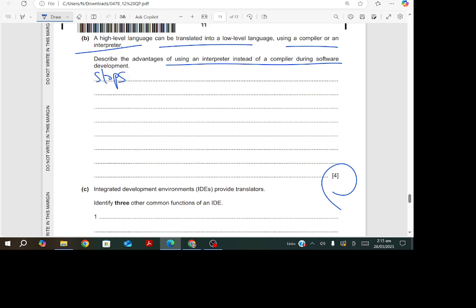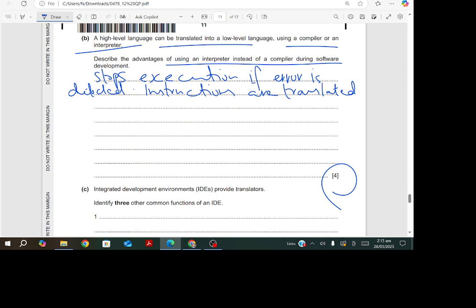Stops execution if error is detected. Yes, instructions are translated one after the other, in brackets a line at a time.